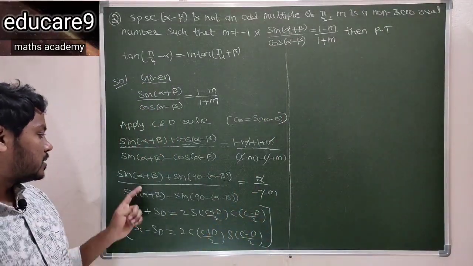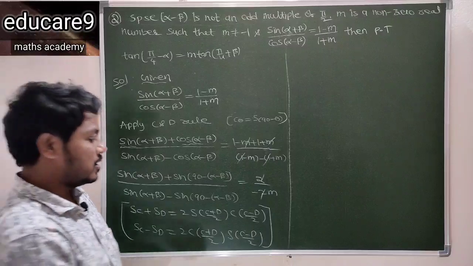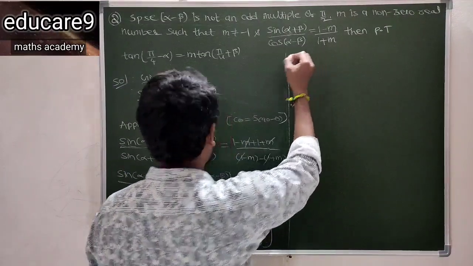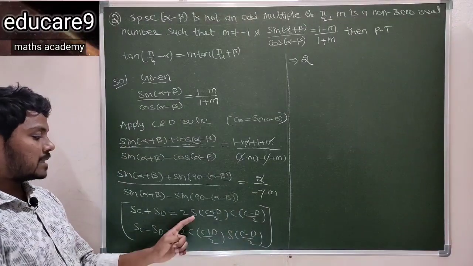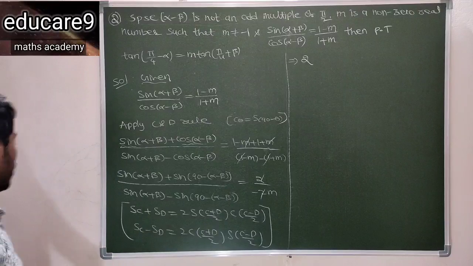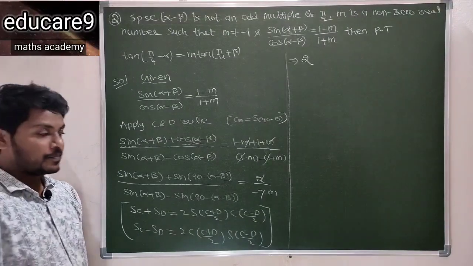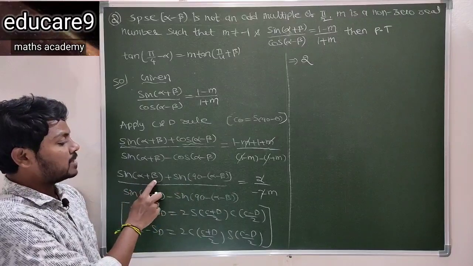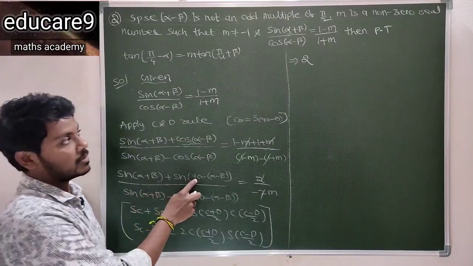See here, this is C and this is D. Apply this formula. 2 sin C plus D. So add these two, C plus D, you have to add these two, alpha plus beta plus this one.